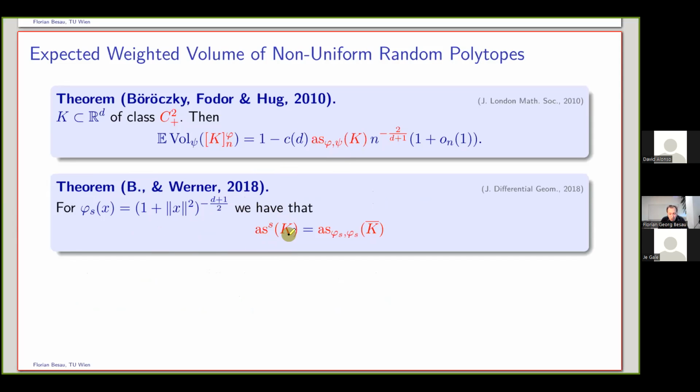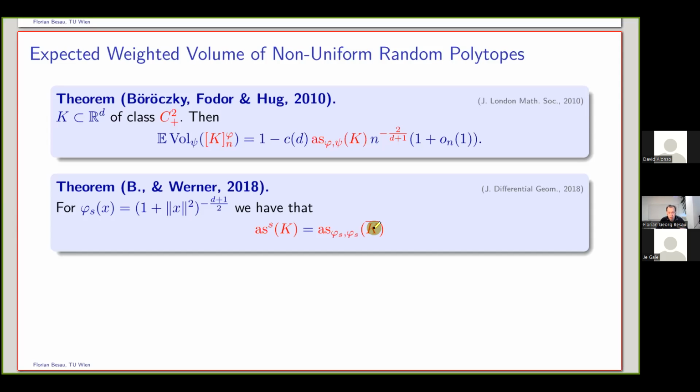And so as it turns out, your spherical analog of the affine surface area can be identified with some sort of weighted affine surface area in the Euclidean setup.